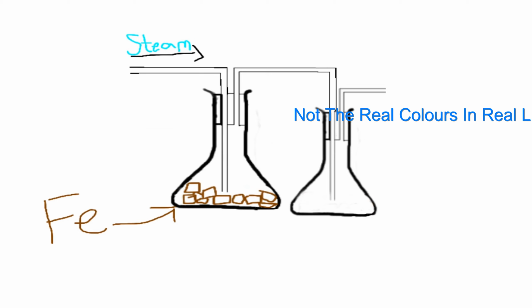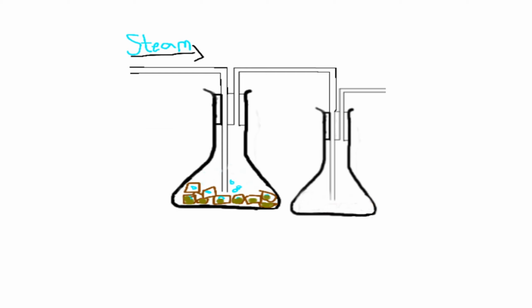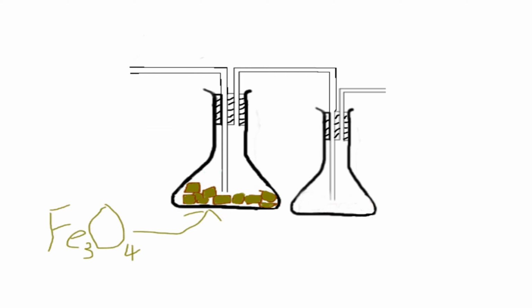So from this reaction, you can notice that steam is going to follow a pathway into the iron, and it's going to react with iron to form triiron tetraoxide, which you can see in this first conical flask, and hydrogen gas liberated is going to form in the second conical flask.